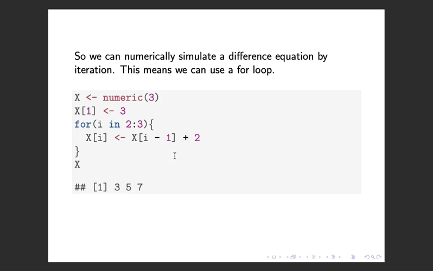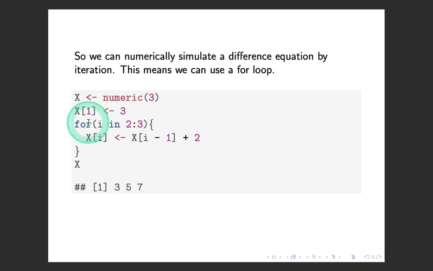This means we can use a for loop like we did in the earlier snippet for statistical simulation. So we'll do the same thing that we did in the previous slide through a for loop. Here x is a numeric with 3 spaces. It's a vector. We just create this so that we can fill in the slots. This is the initial value x1, 3, and then we simulate for the next 2 periods.